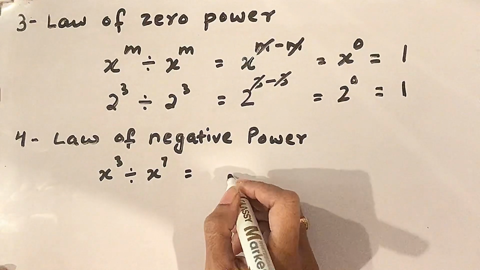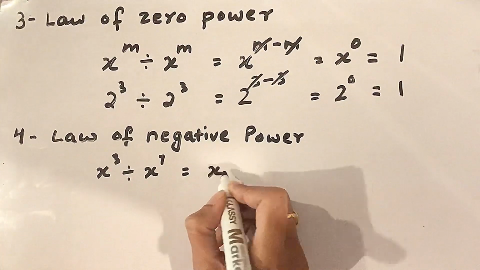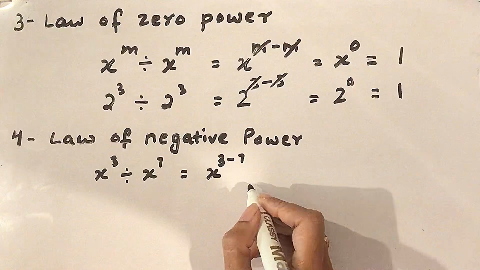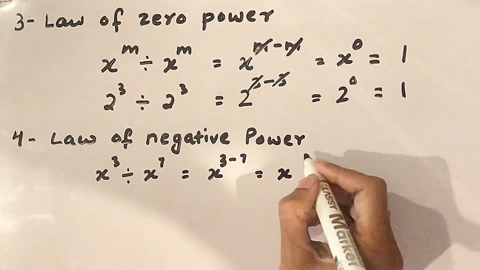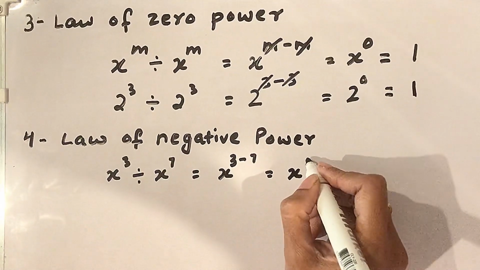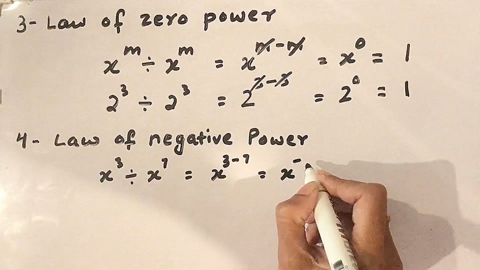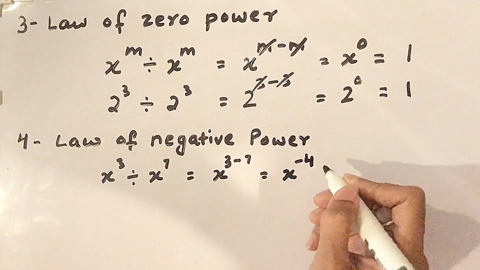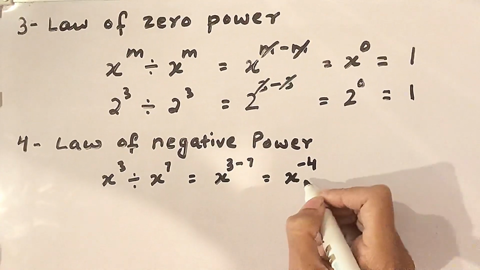Here also we keep the base the same and their powers minus, 3 minus 7. So there is a negative power, which is minus 4.